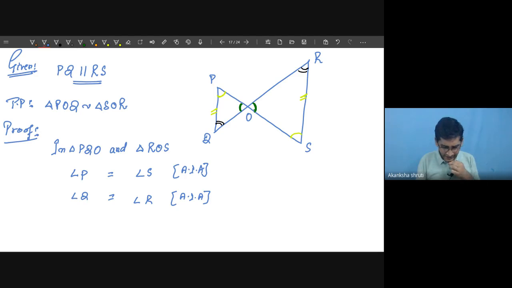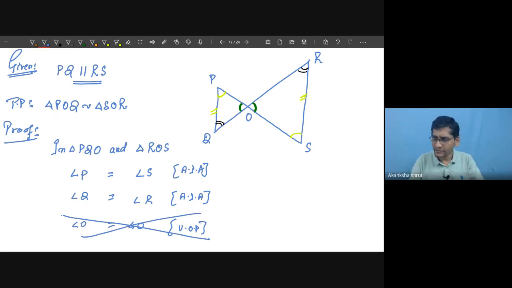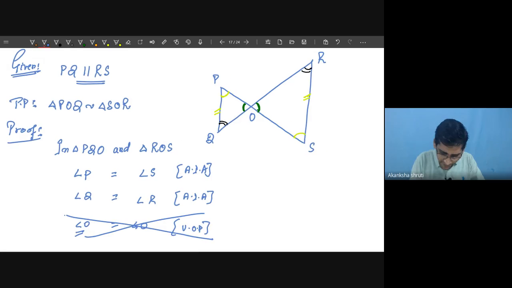Also we can write here, now coming to this third remaining angle, angle O. Student, here you cannot write angle O is equals to angle O. Writing this way, because they are vertically opposite angle, writing this way is giving a wrong impression, because how you are saying the same angle O. So in such a condition, we have to allocate this angle carefully, okay, with the help of the other vertex.